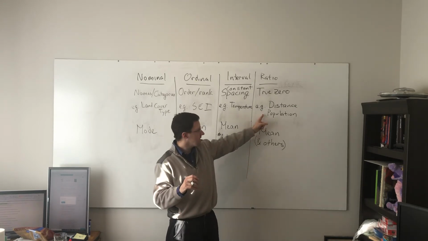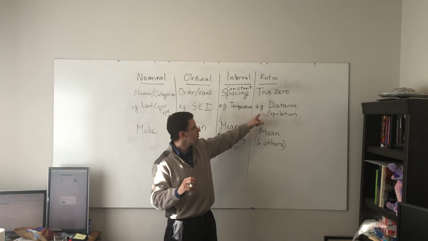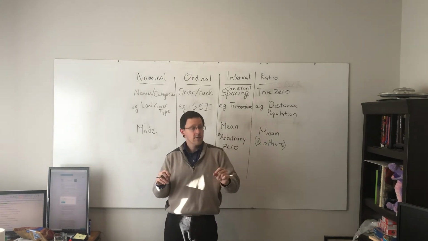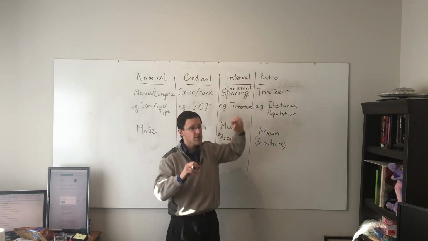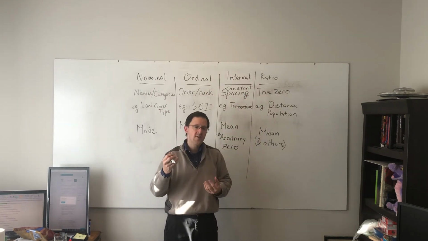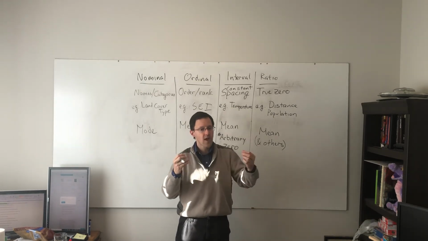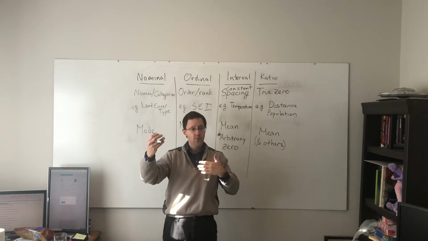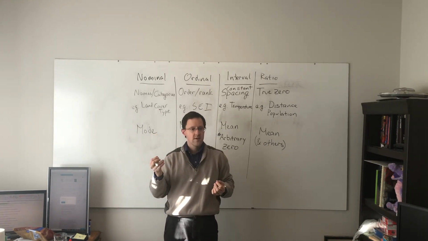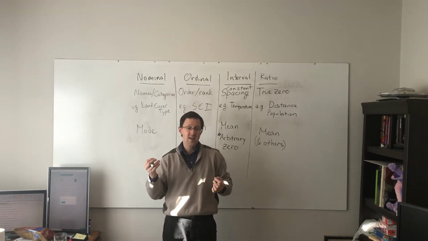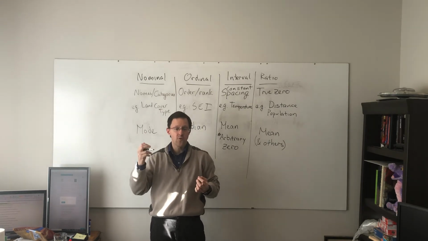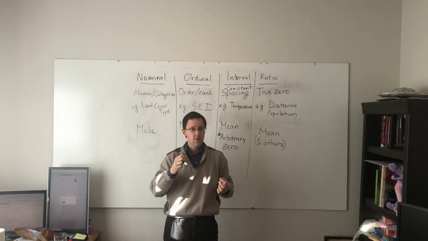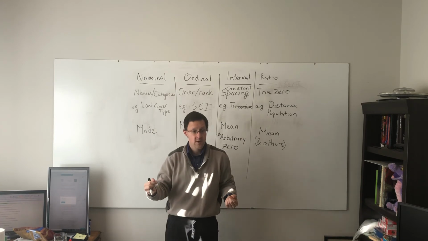One way to check whether something is ratio or interval is to change the units and see if a ratio changes. So with temperature, if I say, okay, the difference between 40 and 20 Fahrenheit, if I wanted to check, is that a ratio scale? Well, 40 is double 20. Okay, let me convert to Celsius.